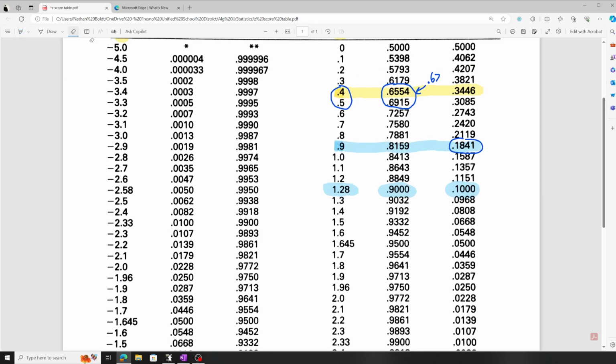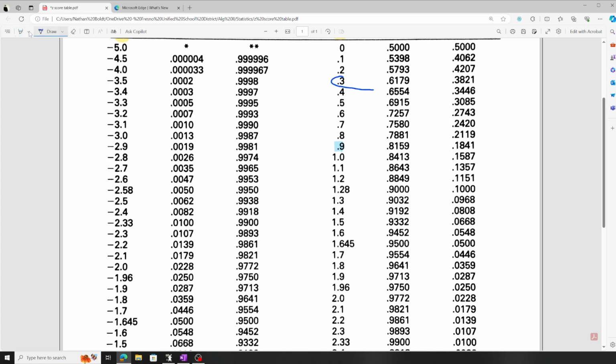All right, 0.33. Haven't used that one yet. Let me get rid of some of this. And we want the area to the left. So about 60, maybe round that up because it was 0.33, maybe 62%, 63% maybe, somewhere in there is about right.